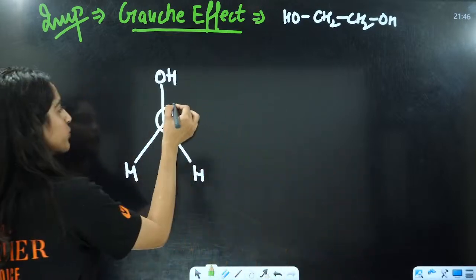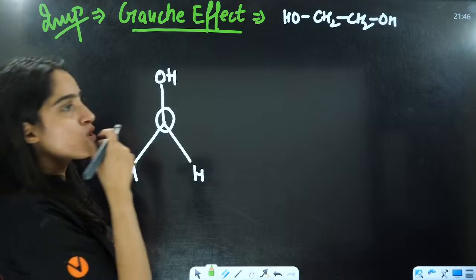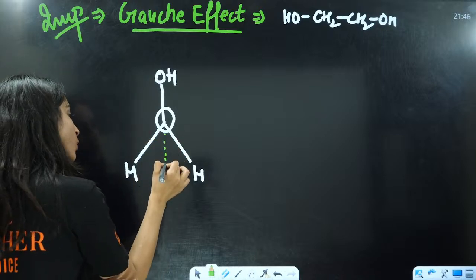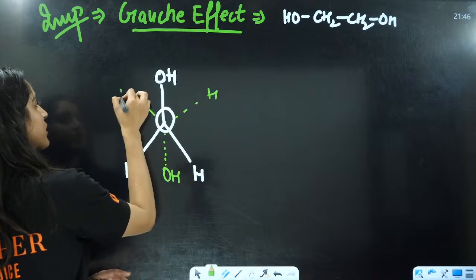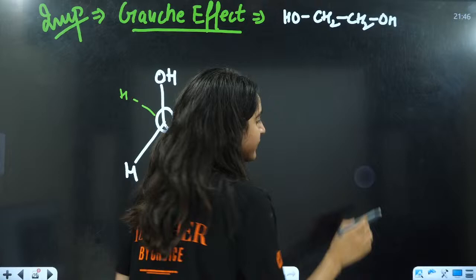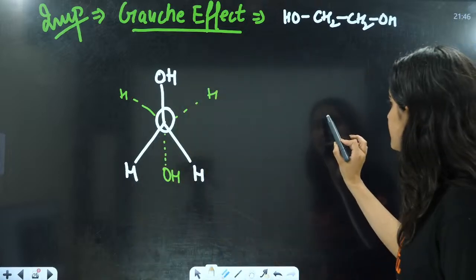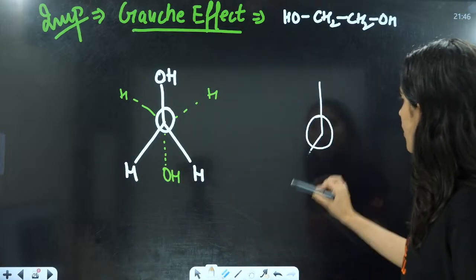Now, the anti is going to be more stable here. That means OH here, H here, H here. Or we can also write it something like this.